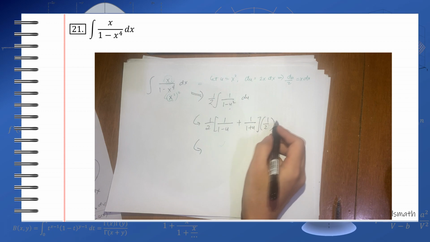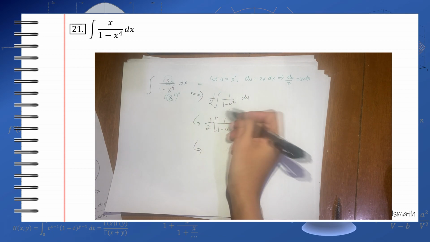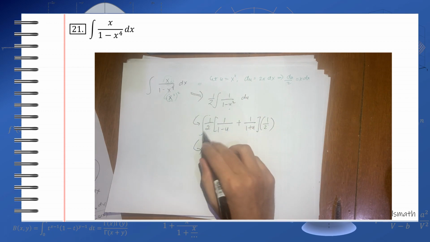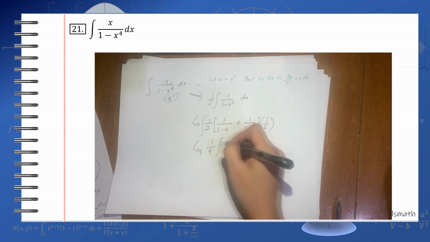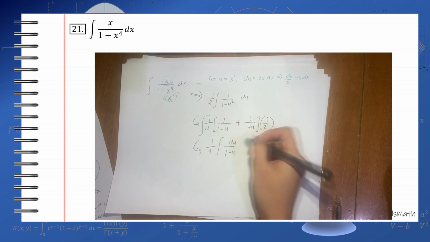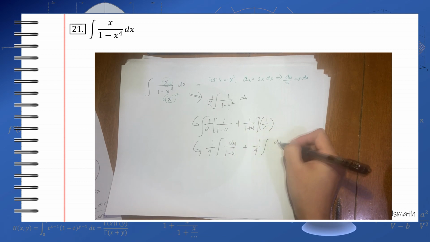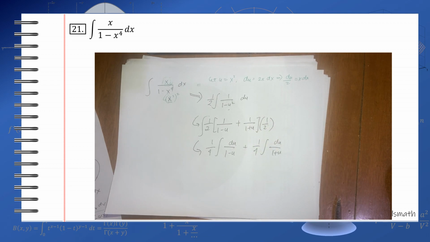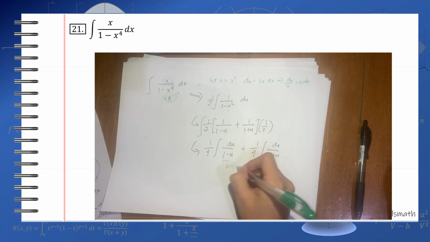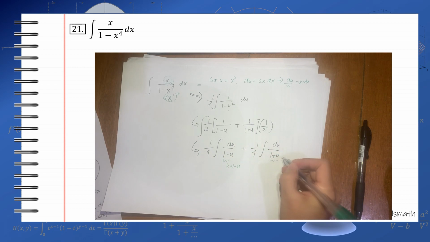Okay, then this becomes, there's an integral right here, 1/2 times 1/2, so that's 1/4 integral of du over 1 minus u plus 1/4 integral of du over 1 plus u. Next, let's say k equals 1 minus u, and w equals 1 plus u.